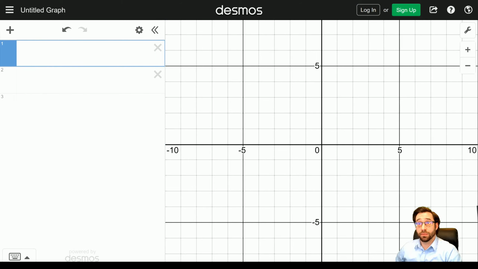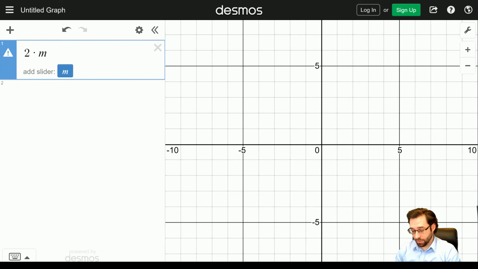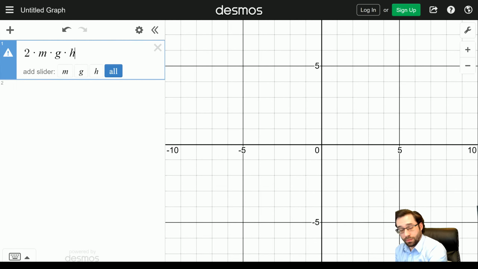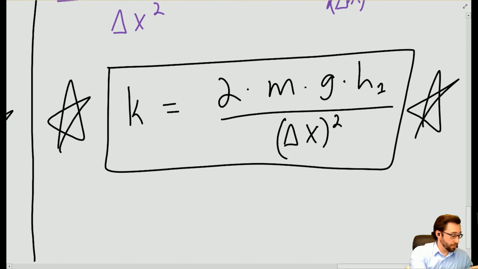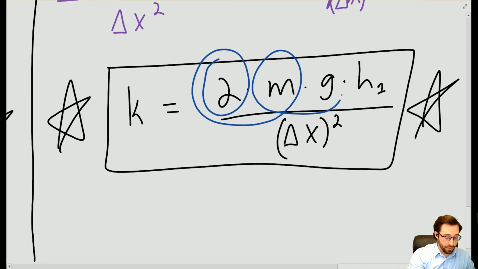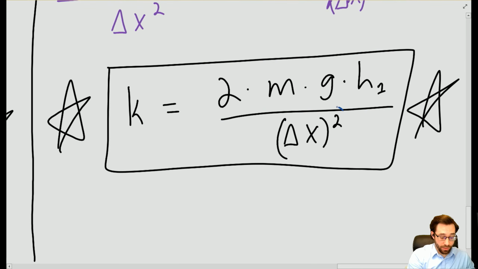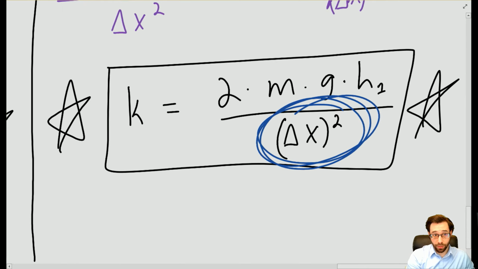So I'm going to switch over. And this is where it gets a little weird. So watch what happens. If I do 2 times m times g times h, and I want all of that on top of delta x squared.